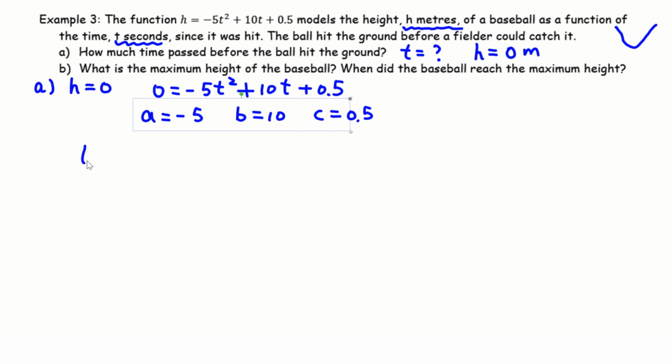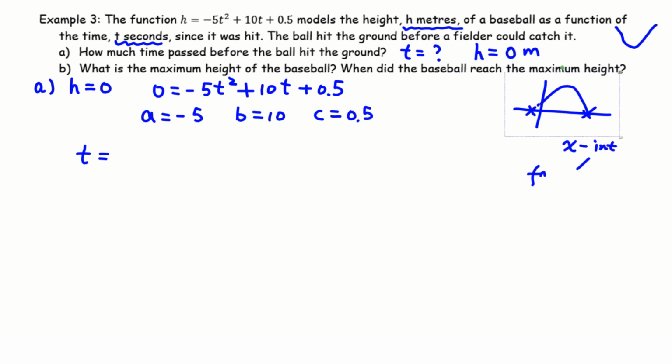We are going to use the quadratic formula. We are looking for the zeros, the x-intercepts. For the zeros, we have two methods: one is factoring, if it's factorable, and the other is the quadratic formula. For this one, we have numbers in decimals, so we are going to use the quadratic formula.